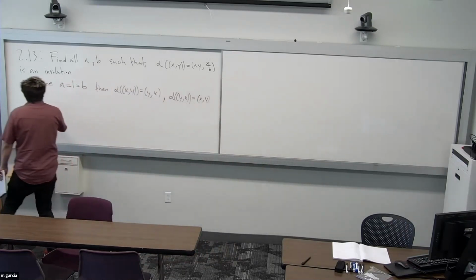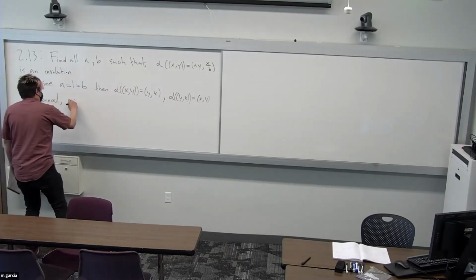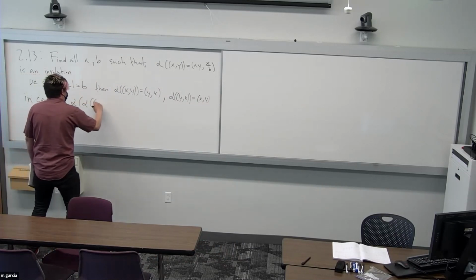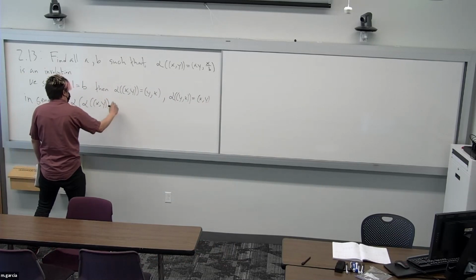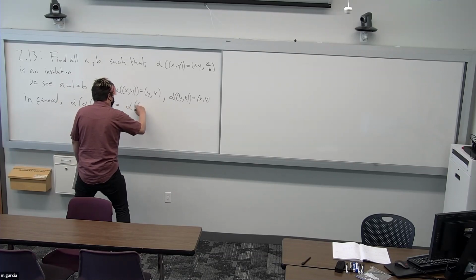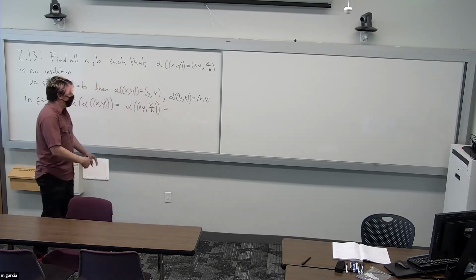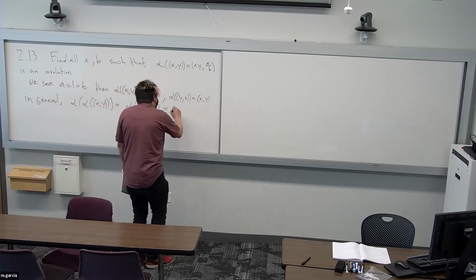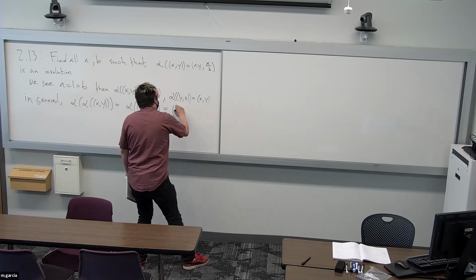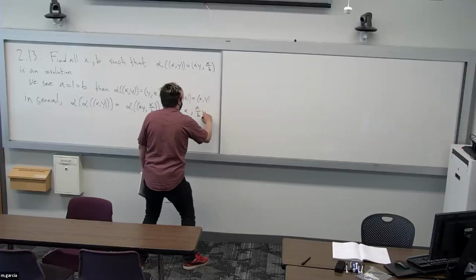So in general, alpha of (x, y) is equal to alpha of (ay, x over b), and then we operate alpha on this again, and what do we get? We get (a over b x, a over b y).